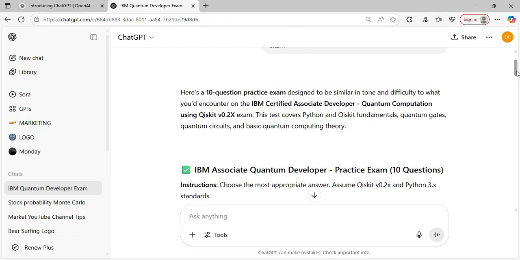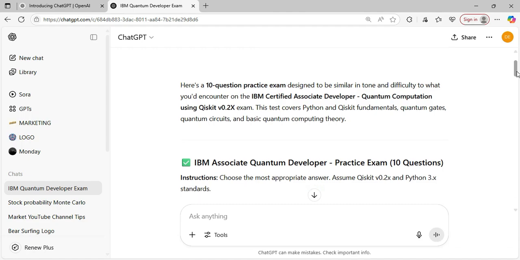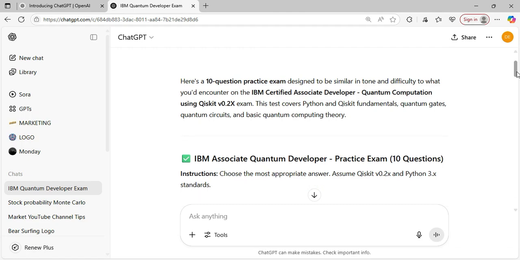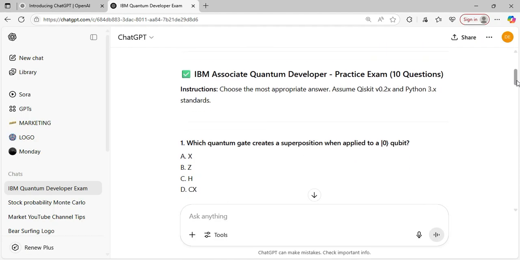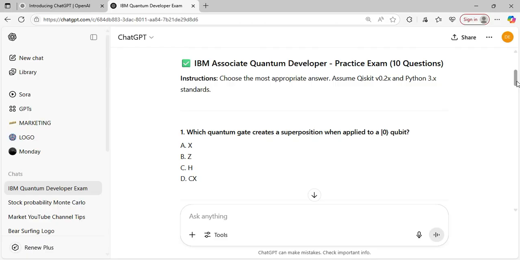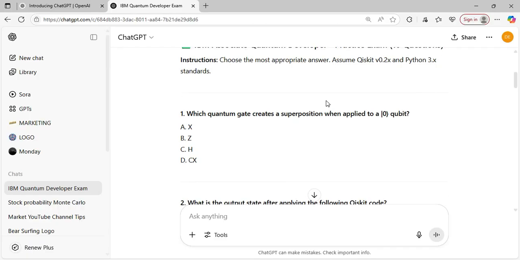It says, here's a 10-question practice exam designed to be similar in tone and difficulty to the IBM Certified Associate Developer Quantum Computation using Qiskit exam. The test covers Python and Qiskit fundamentals, quantum gates, and more. Okay, so I'm going to start this test right now.